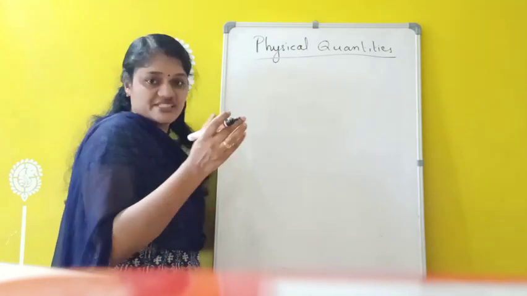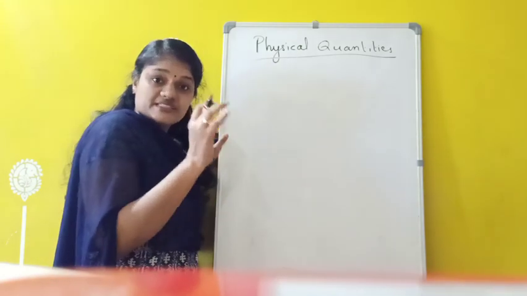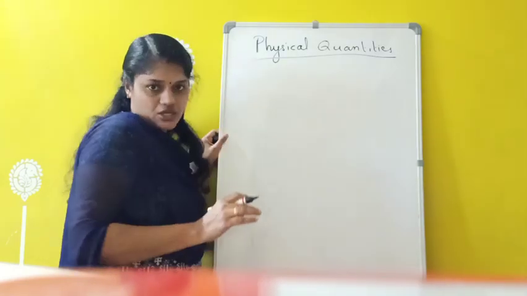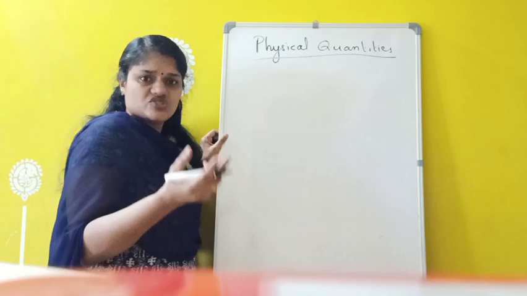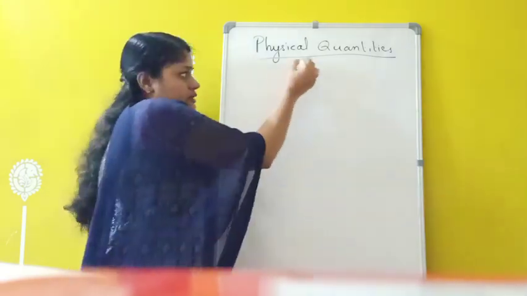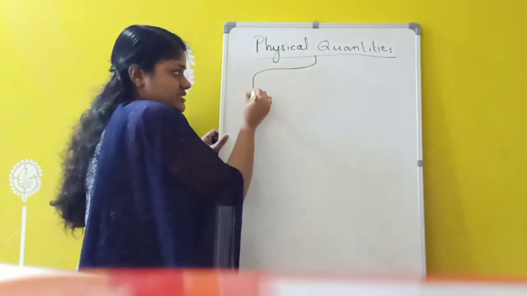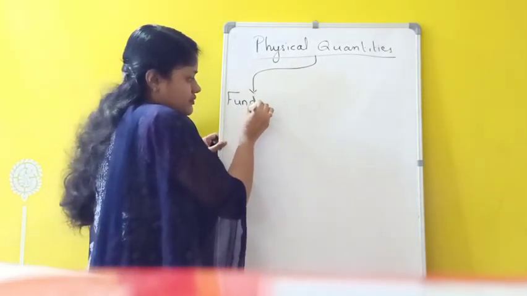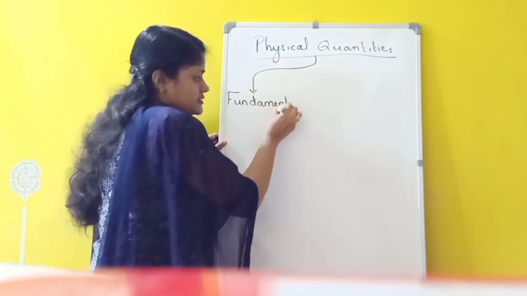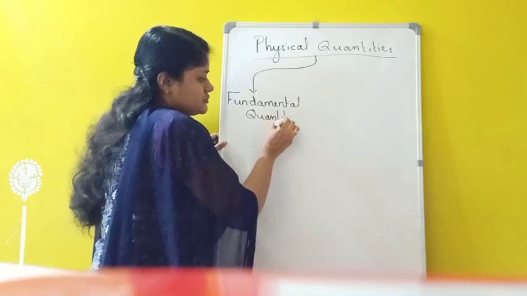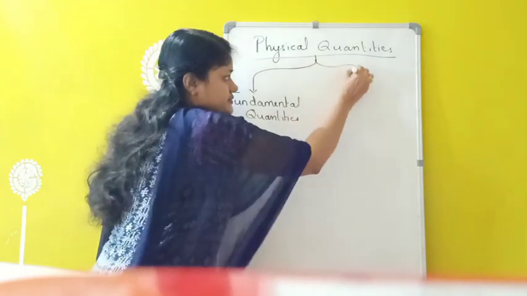For example, length, mass, time, force, acceleration, velocity. These physical quantities we can mainly classify into two: fundamental quantities and derived quantities.